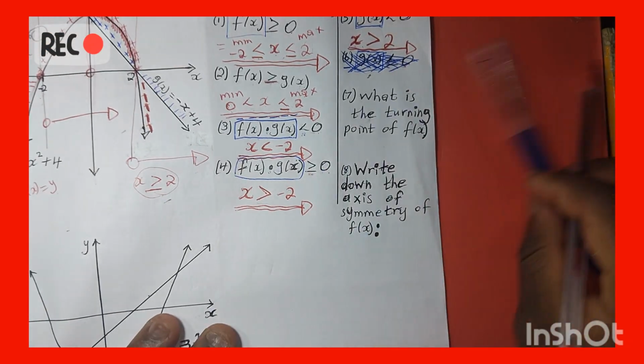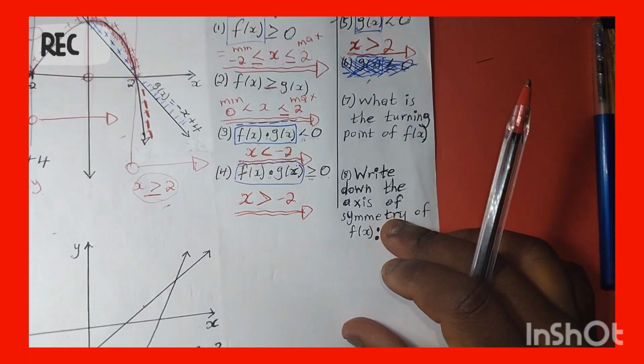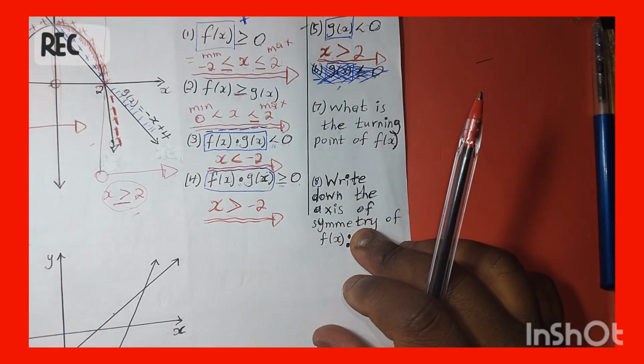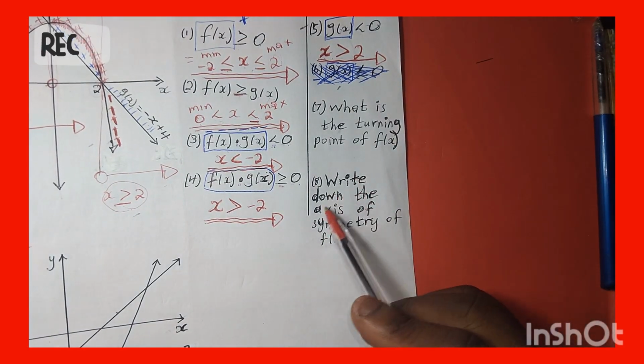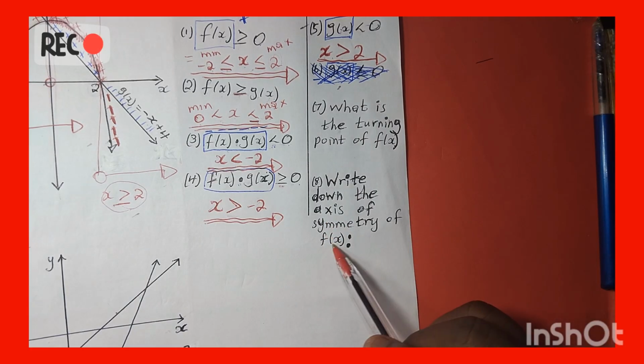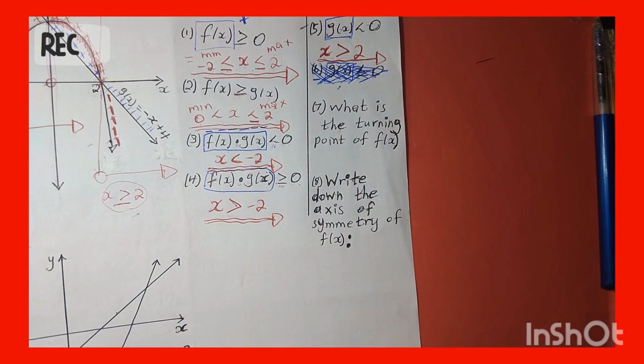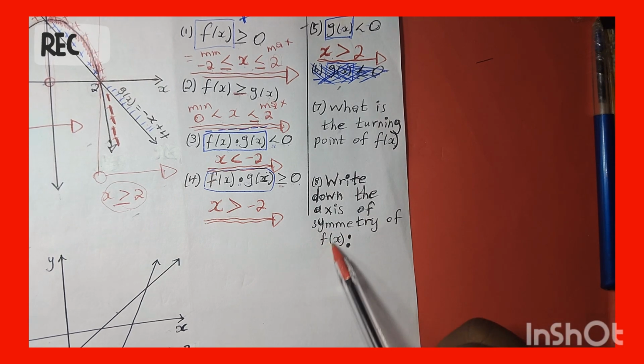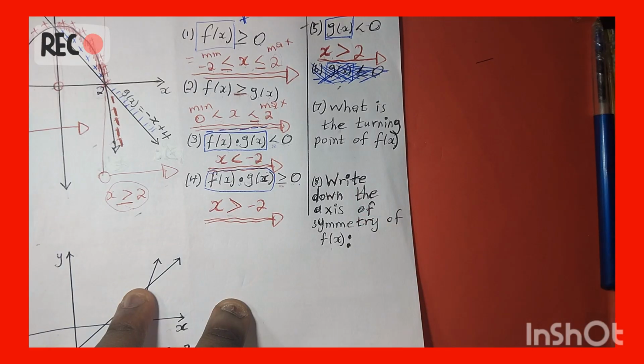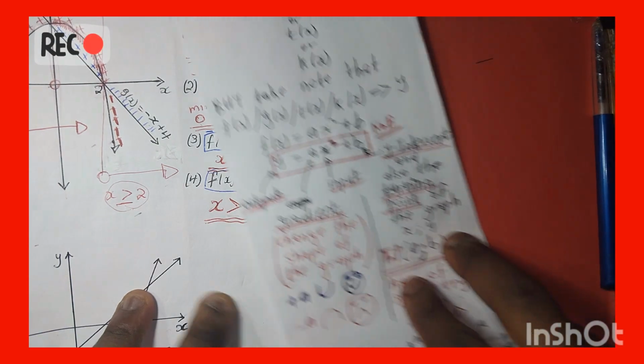So let me also show you this one now. If they say to you, write down the axis of symmetry of f of x. Remember from that video, I told you that the axis of symmetry will all the time be in this form.